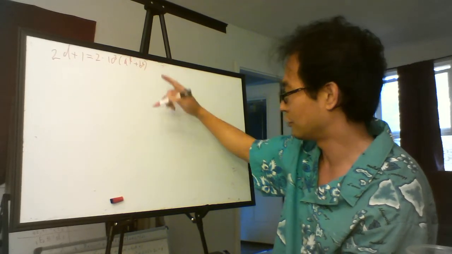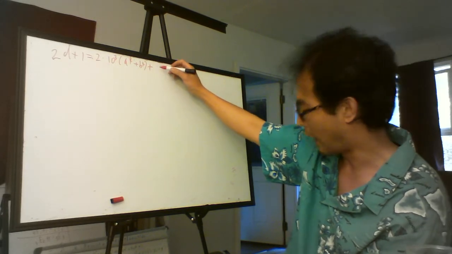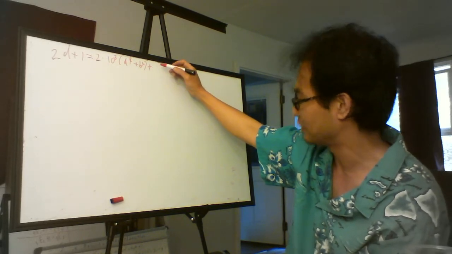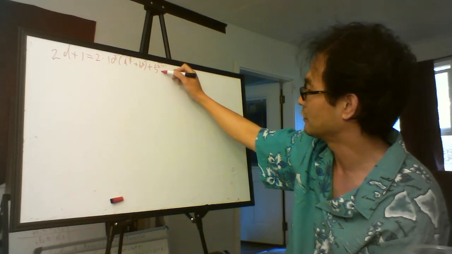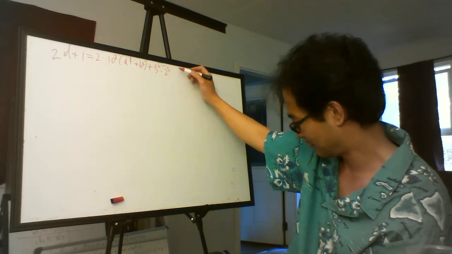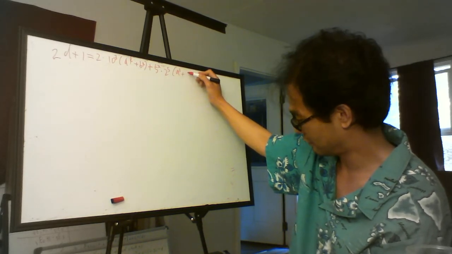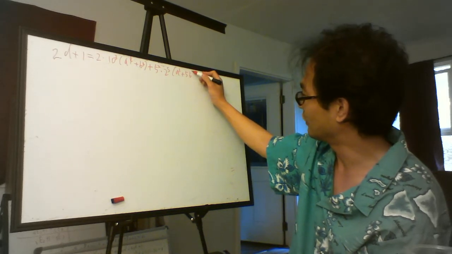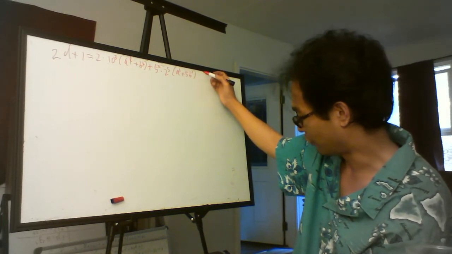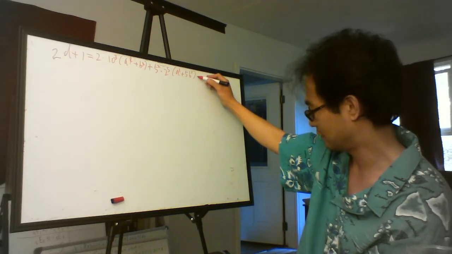Don't worry about this higher power, because it will all dissolve and dissipate. 5 to the 2s and 2 to the 5, I like that. We equalize a and b to 1, so no problem. We just need to find d.